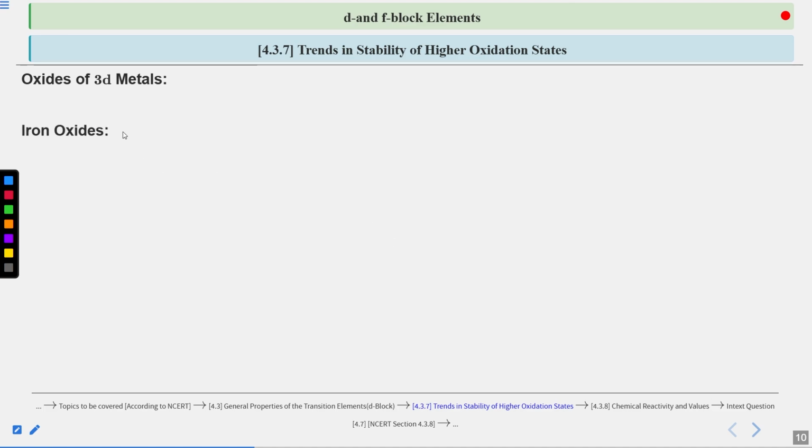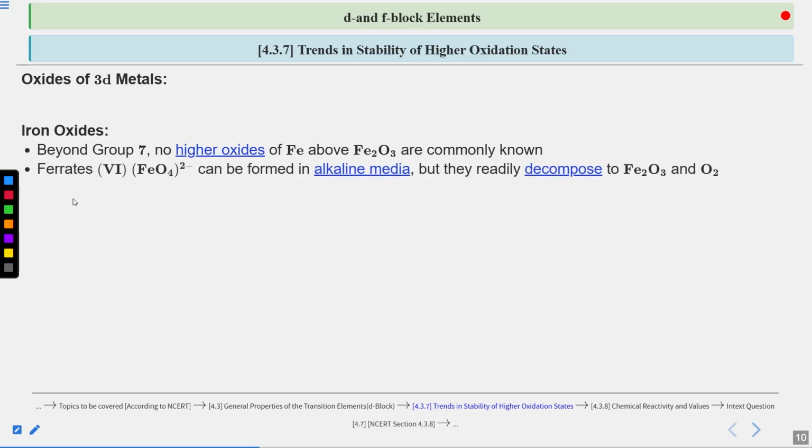Now let's talk about the iron oxides, which come after manganese. Beyond group 7, no higher oxides of iron above Fe2O3 are commonly known. Here iron has +3 oxidation state in Fe2O3, right? Which is the higher oxide of Fe that is known and also stable.